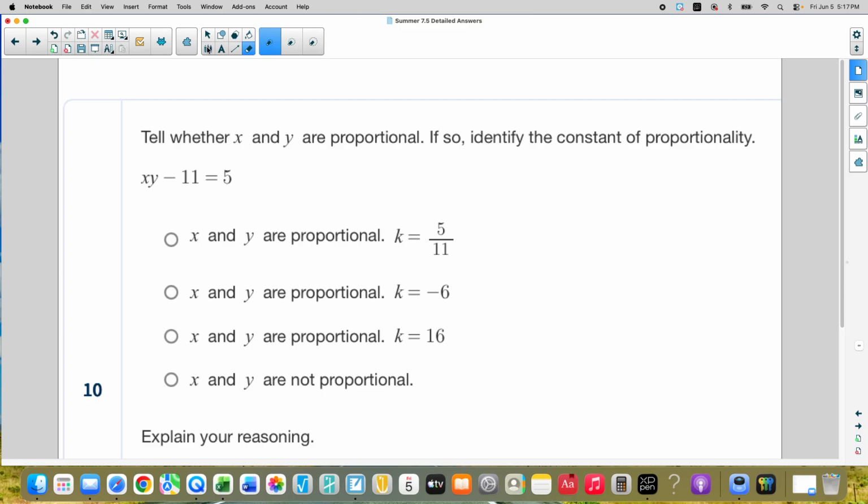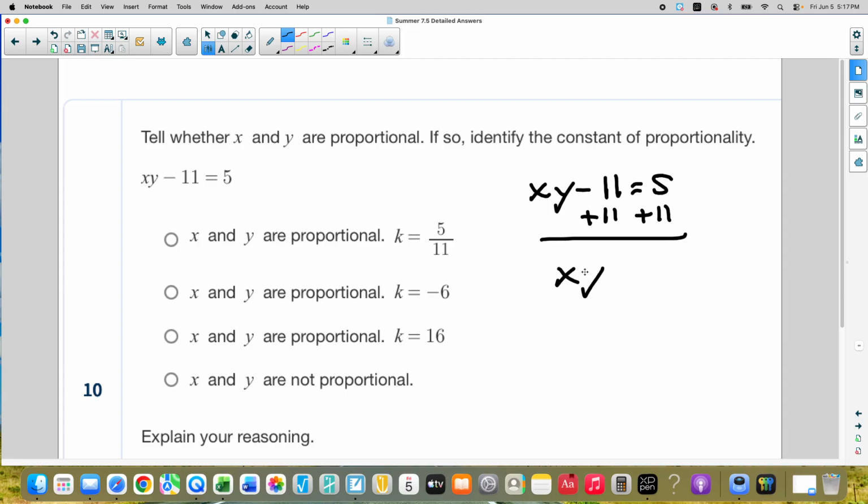I'm not totally familiar with this, but I think I know what we're going to do. I think I'm going to isolate my constant by moving it over. xy equals 16. And then I'm going to solve for y? No, because x would be in the denominator. Oh, yeah. Yep, let's divide.